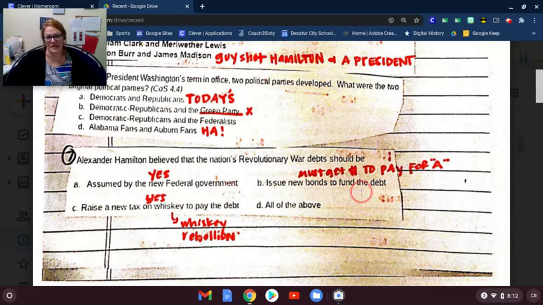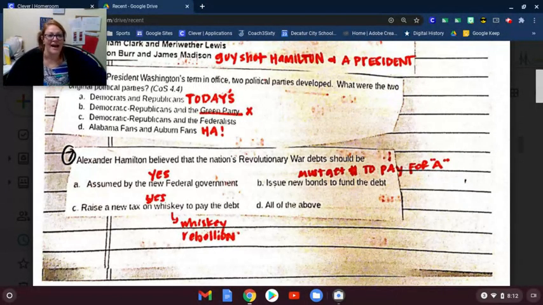Issue bonds and fund the debt. Must get money to pay for A. Right? You got to get money. So bonds, that's the way to get money. Raise a new tax on whiskey to pay the debt. Surely you remember talking about the Whiskey Rebellion. So you know that happened.